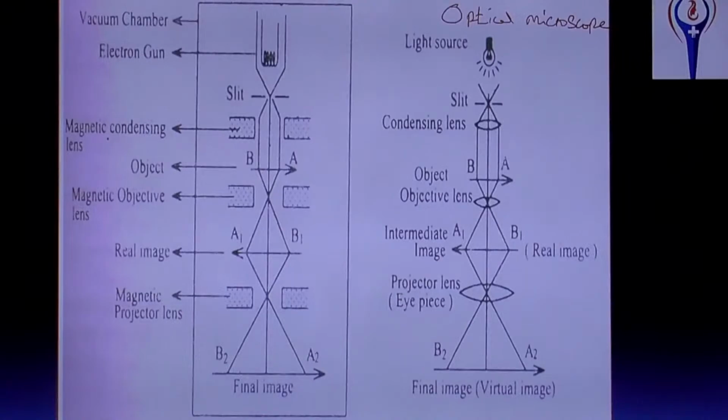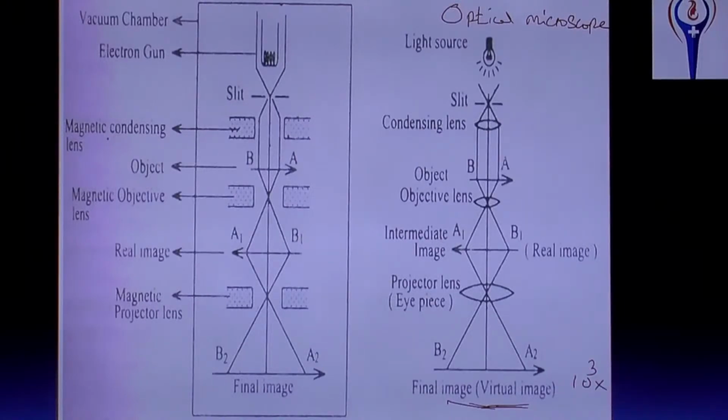The lens will try to make a straight line path, collimating the light. It falls on an object, and the objective lens converges to a particular point as the intermediate image, and then the projector lens or eyepiece magnifies it again as a final image. That's a virtual image. This is only 10 power 3 times.